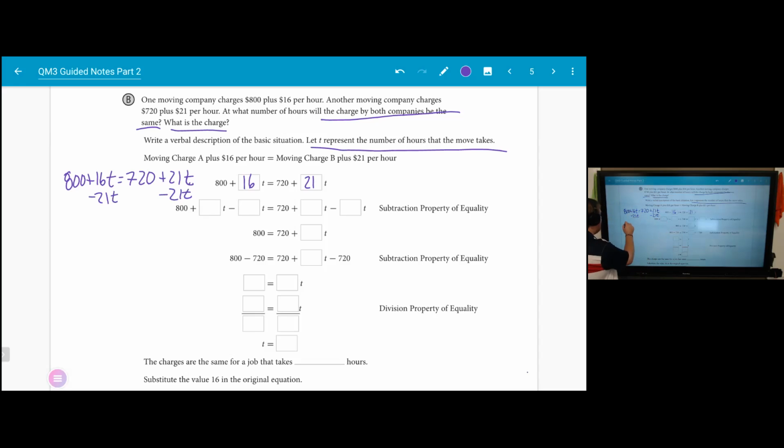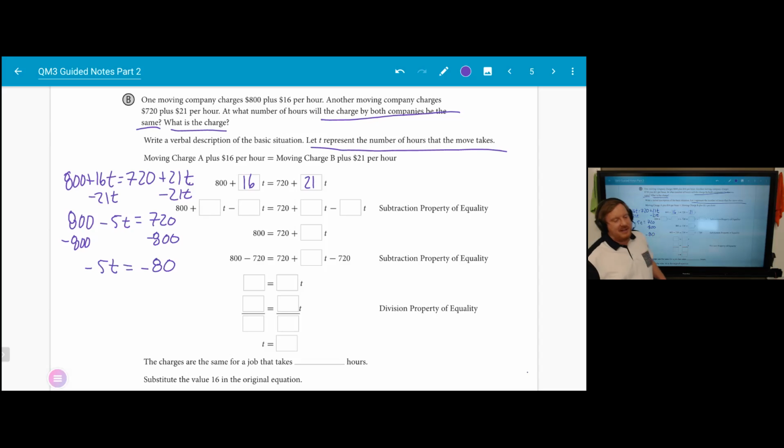And when I do this, this is 800 minus 5T equals 720. I got to get the T by itself, so I'm going to subtract 800 from both sides. I'm going to get negative 5T equals negative 80.